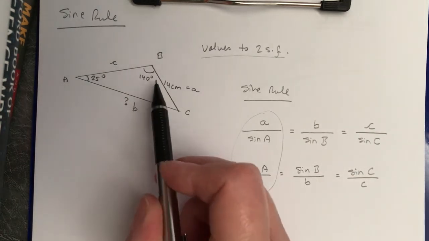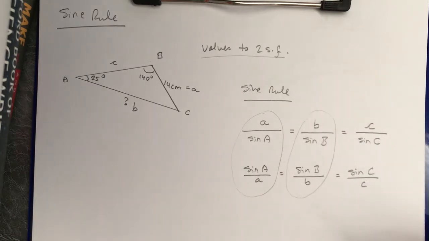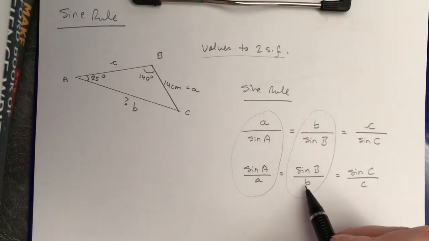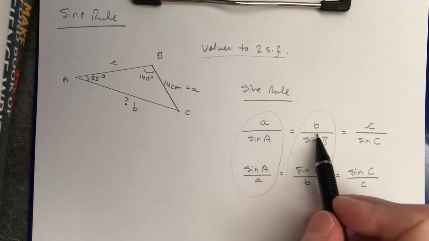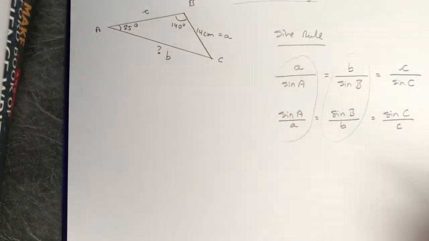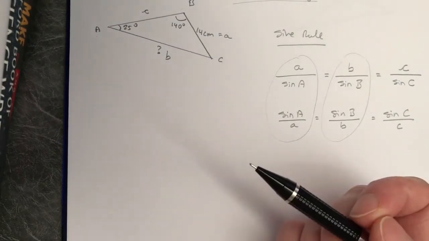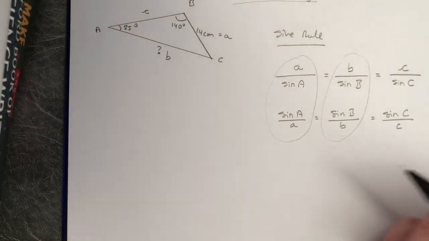We're given angle B, and we want side B, so we're after those. Since side B is the one that I don't know, I'll take the relationship where it's on top. If this is weird and unclear, please let me know, because I can talk this through in more detail. Right now I'm talking about what to do with this question, but if you'd like to see the sine rule in more detail, let me know.